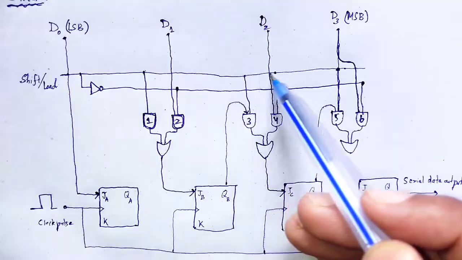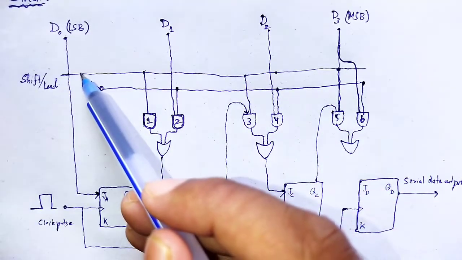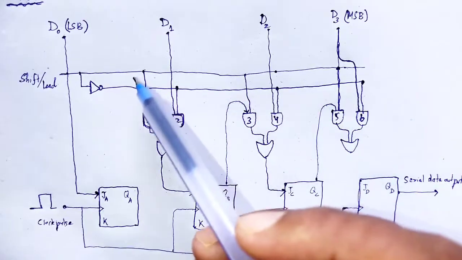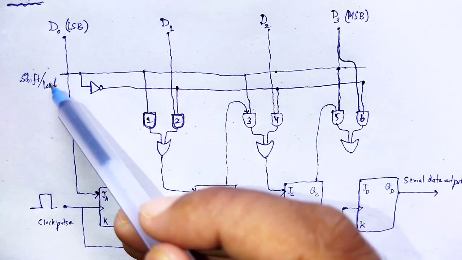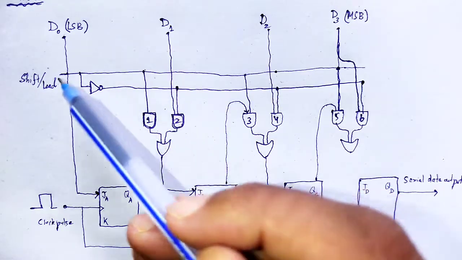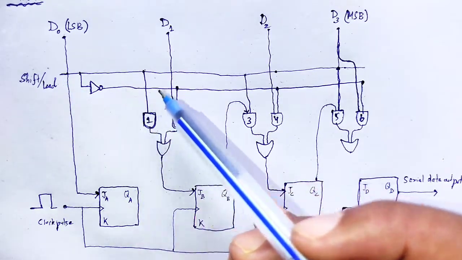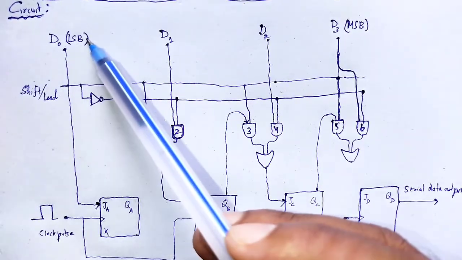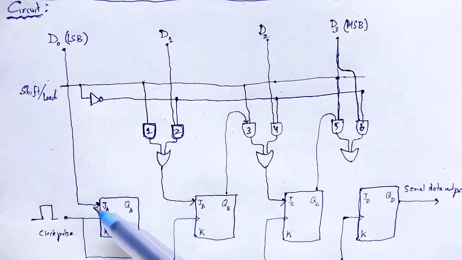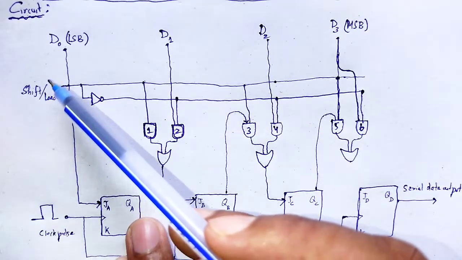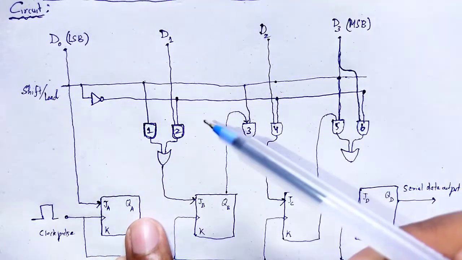This is the control line, and a NOT gate is used. If the shift load is 1, then the other section is 0. If that is 0, the other one is 1. So D0, the least significant bit, is introduced to JA, and control is given to that control line.